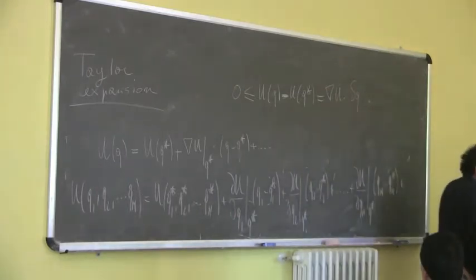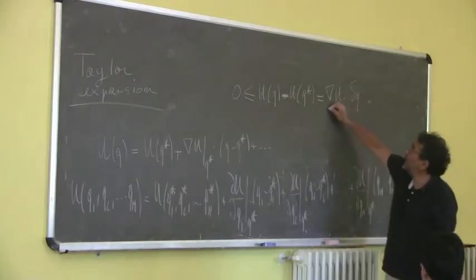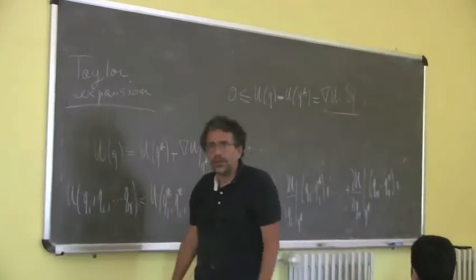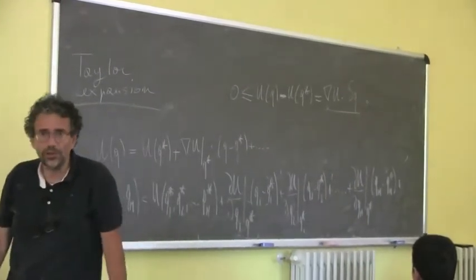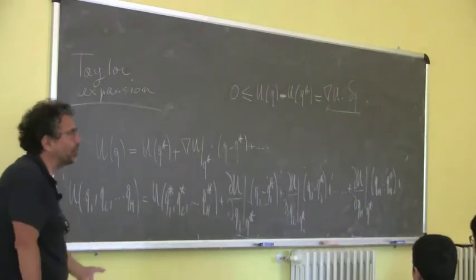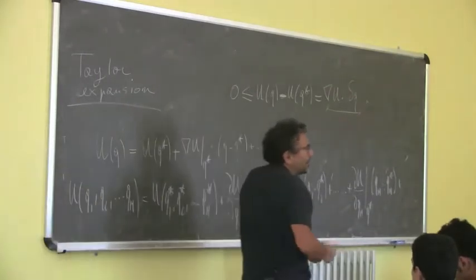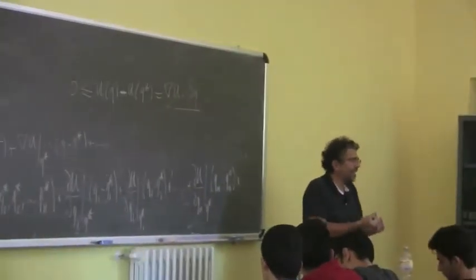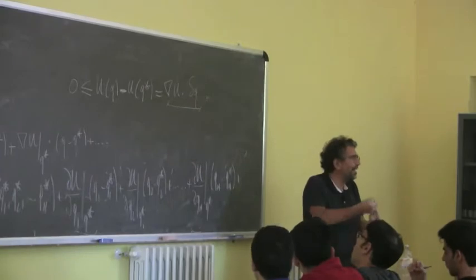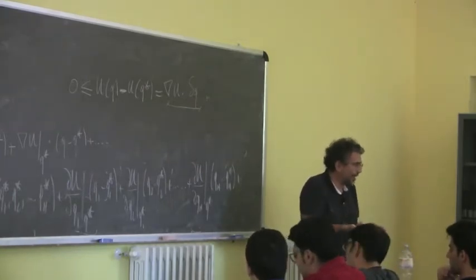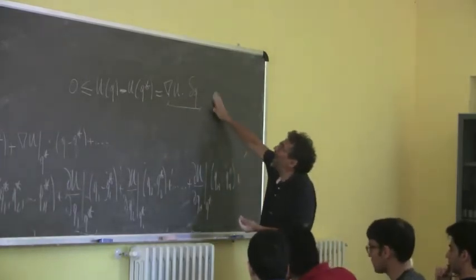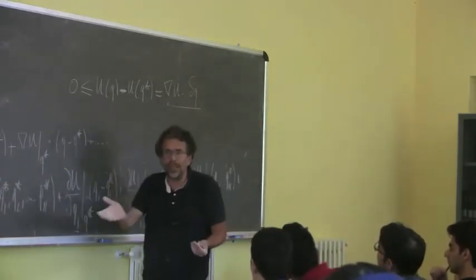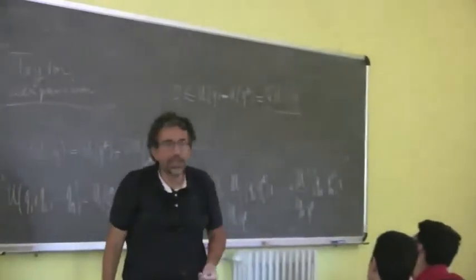When delta Q is small, then this inequality has to be true for this approximation. This is brutal, it can be done in a very rigorous way, but you agree with me, Taylor expansion tells you that the increment can be very well approximated by the first term of Taylor expansion. So if very well approximated, it means that this is equal to that, and this has to be greater or equal to 0. Okay?